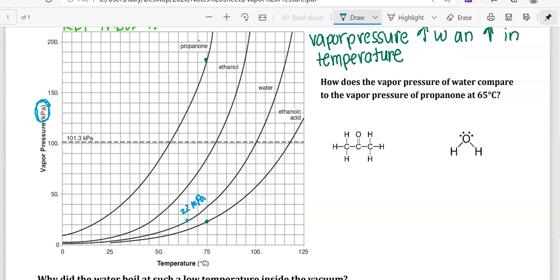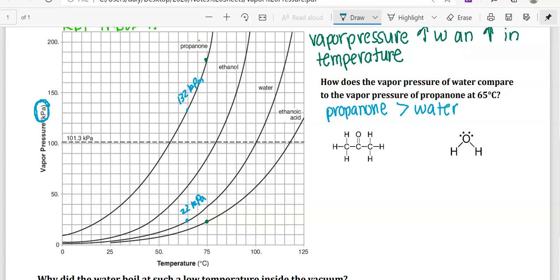That's going to be our measure of pressure. And we're going to go all the way up to propanone, which has maybe 132 kPa, somewhere around there. So propanone has a greater vapor pressure than water.